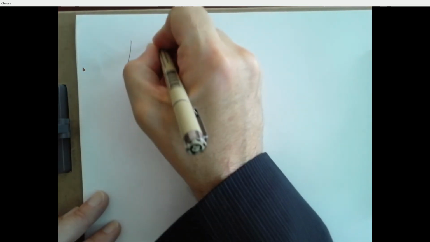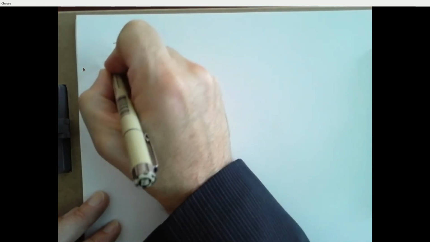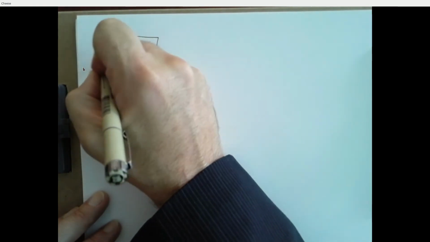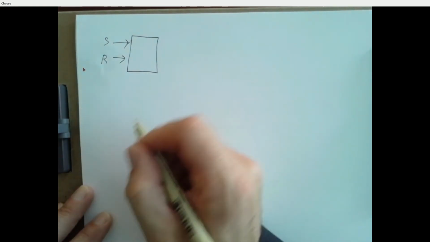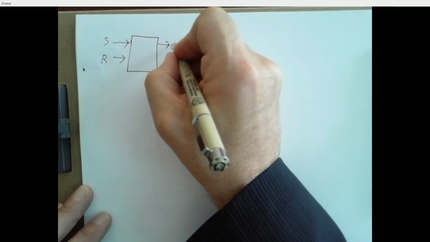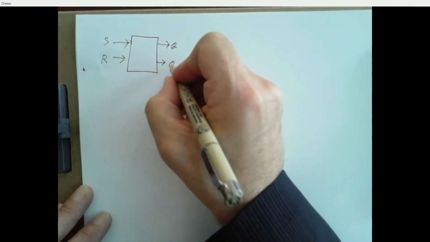So let's start with this SR latch. And I'm moving away from these detailed diagrams where we had those cross-coupled NOR gates, and I'm just going to use kind of a system diagram point of view. So our SR latch had two inputs, S and R, and it had an output Q and an output Q bar.